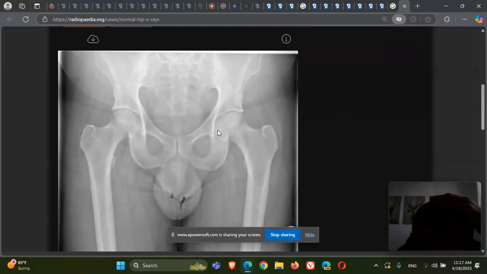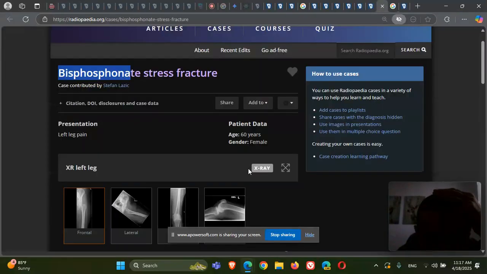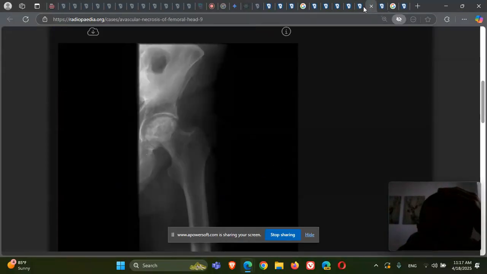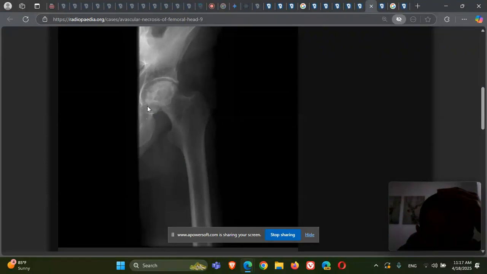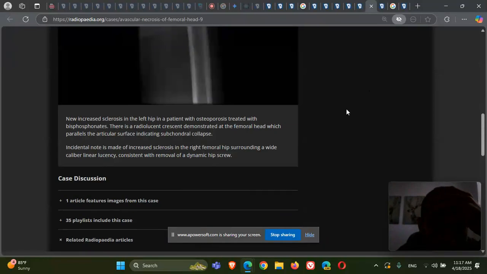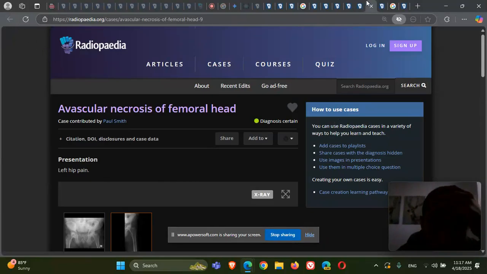You can see that it is more smooth. There is no radio-opaque area on the subchondral area. When you look at this one, you see that it's more curved, a less smooth head, more sclerotic. I must say this is very hard to see.